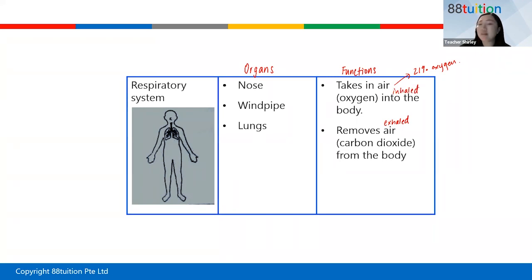Inhale means you breathe in, right? Inhale, exhale. When you exhale air, it will contain more carbon dioxide because of the process of respiration. The process of respiration will take place when we inhale and we exhale.